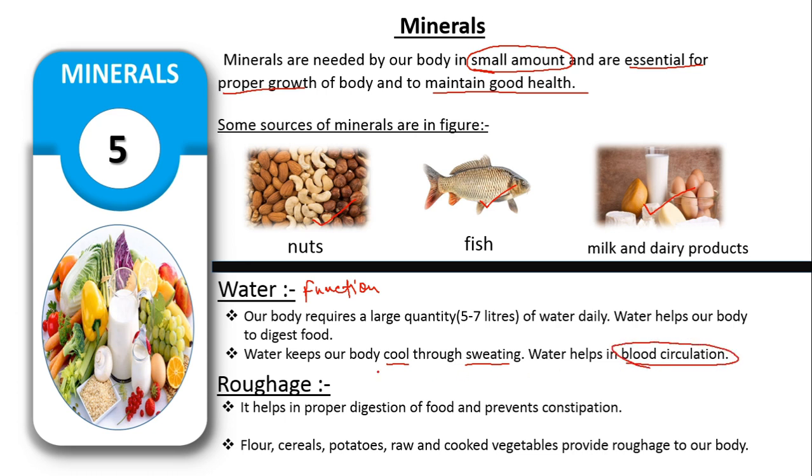Now the roughage. It helps in proper digestion of food and prevents constipation. Flour, cereals, potatoes, raw and cooked vegetables provide roughage to our body. So with this, we have completed our topic related to all types of nutrients, and we will proceed to the next.